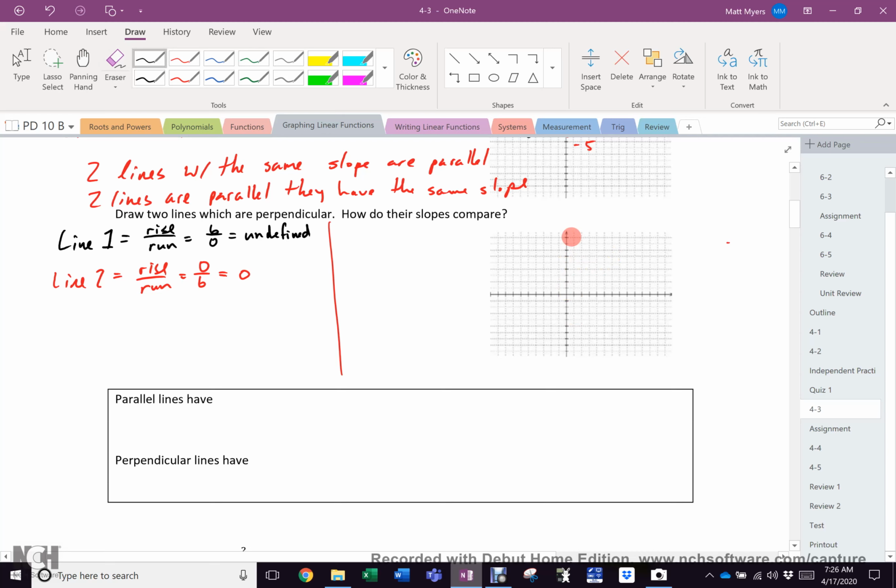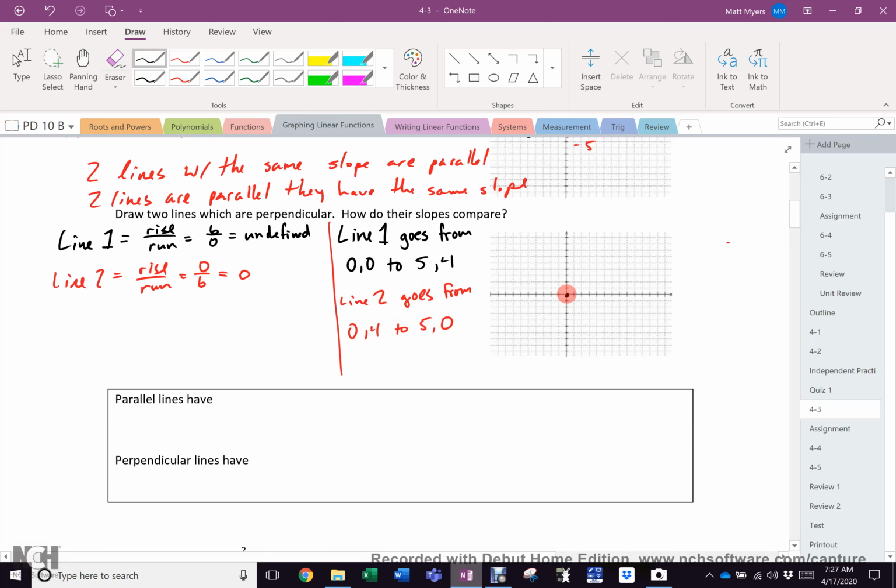I want you guys to do this one. What you need to do here is put line 1 goes from 0, 0 to 5 over 4, and line 2 goes from 0, 4 to 5, 0.